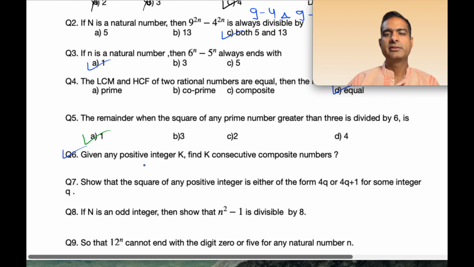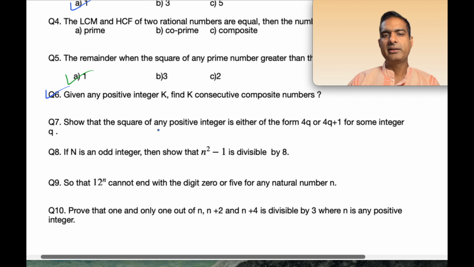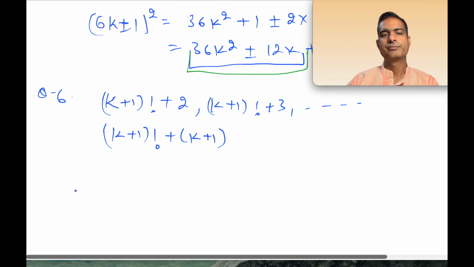So 6 is done. Question number 7: show that the square of any positive integer is either of the form 4q or 4q plus 1 for some integer q. So let us think.